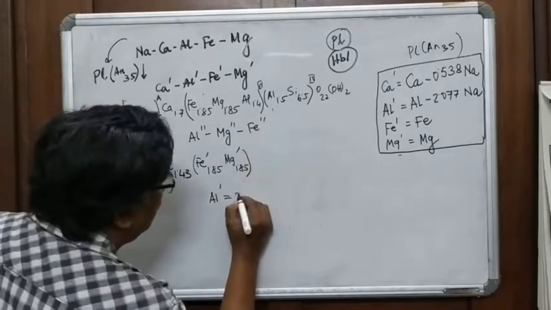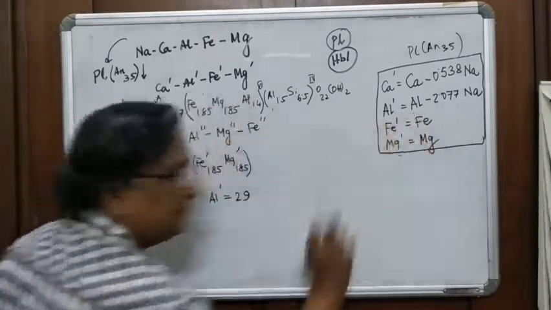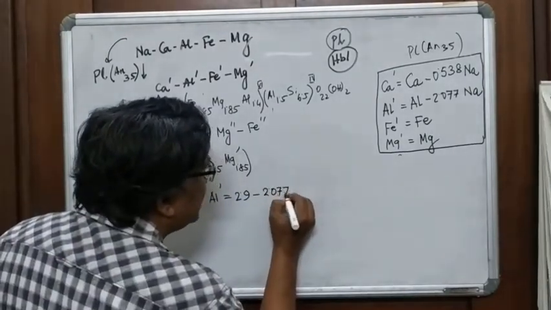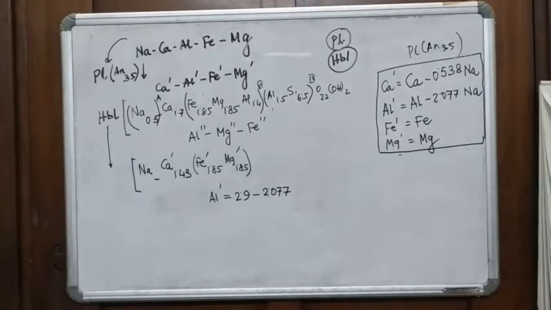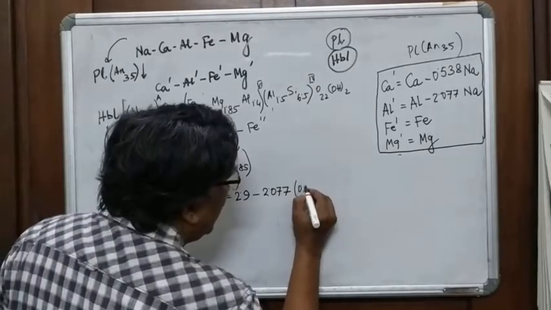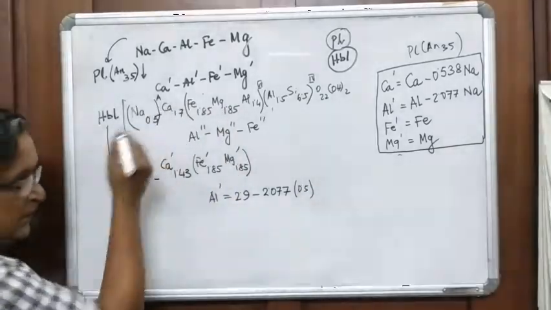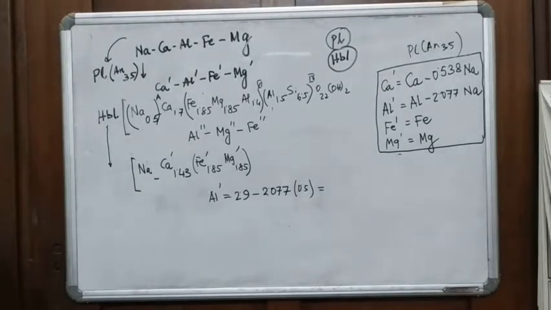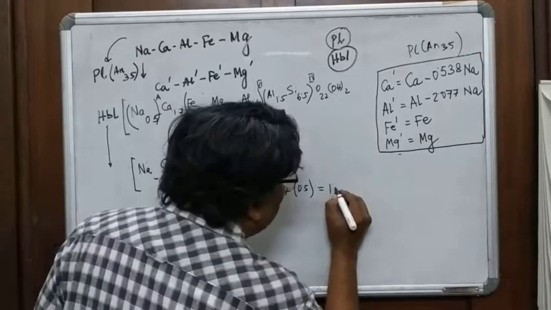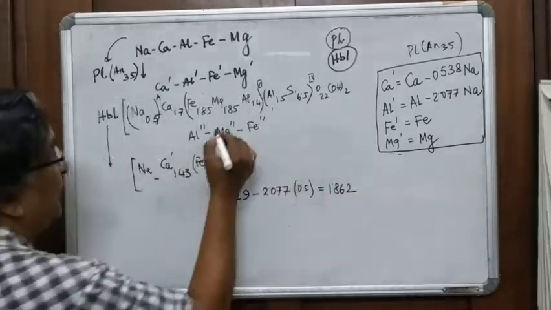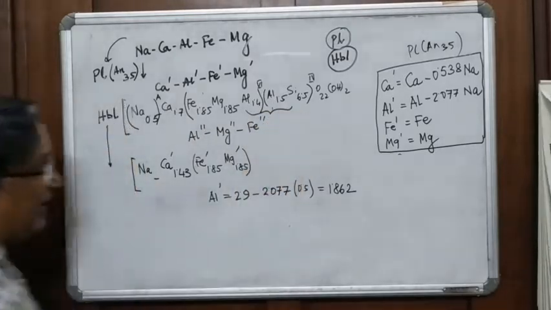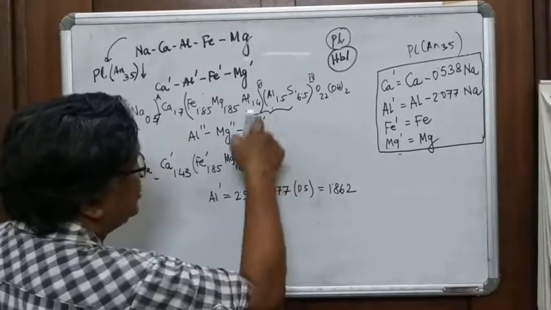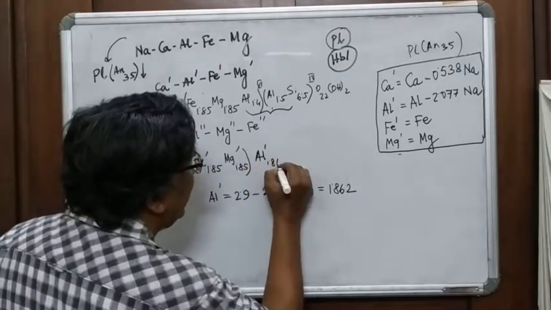Al prime is 2.9 minus 2.077 into 0.5 for this one. So this value comes to 1.862. So instead of 2.9, now my hornblende aluminium prime would be 1.862.